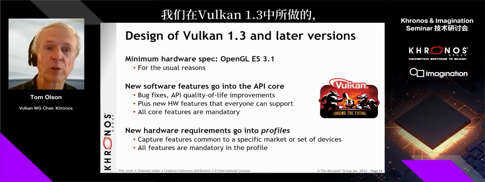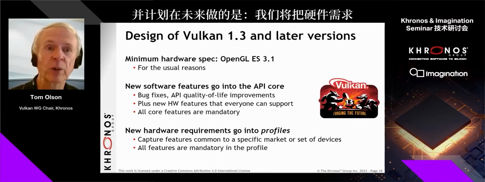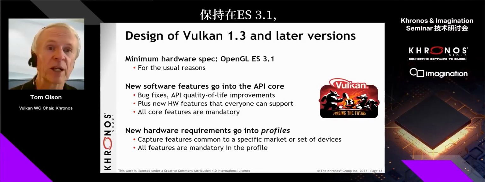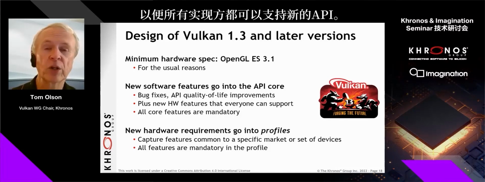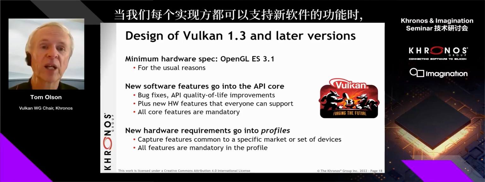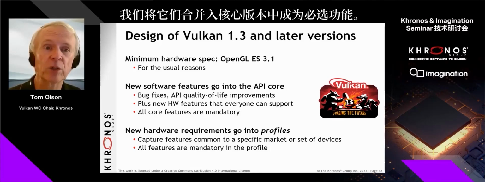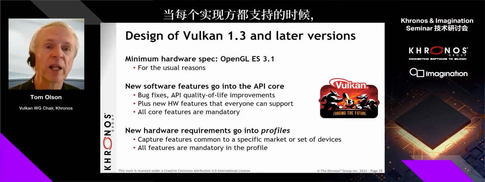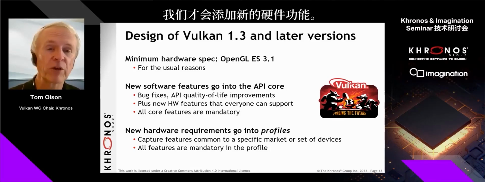What we've done in Vulkan 1.3 and plan to do going forward is this. We'll keep the hardware requirement at ES 3.1 so that all implementations can support the new API. When we have new software features that every implementation can support, we will make them mandatory in a new core version. We'll add new hardware features only if all implementations can support them.